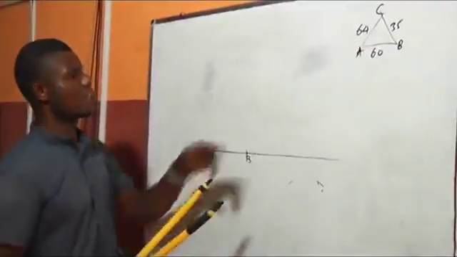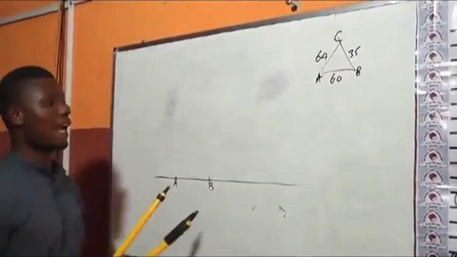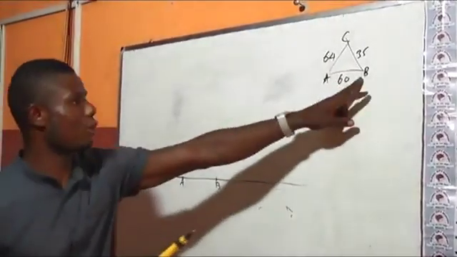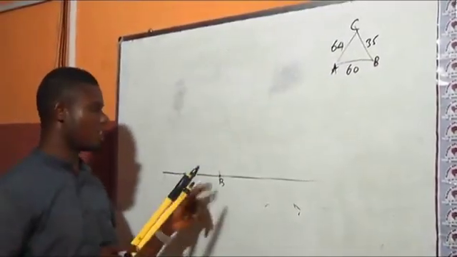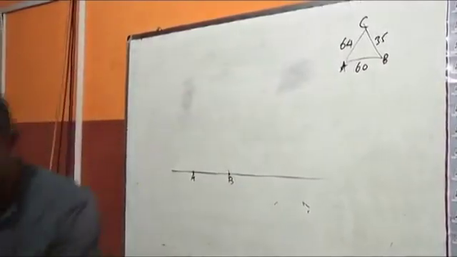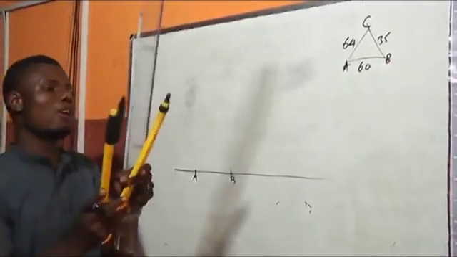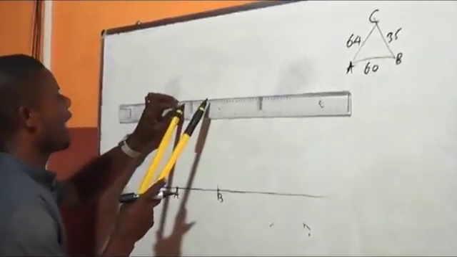Let's continue with the other side. Since we are given side BC as 35 millimeter, you start from the point B to C. Since you already have B here, you just measure 35 millimeter on your ruler. So you carry your compass again, then you start from 0 to 35.